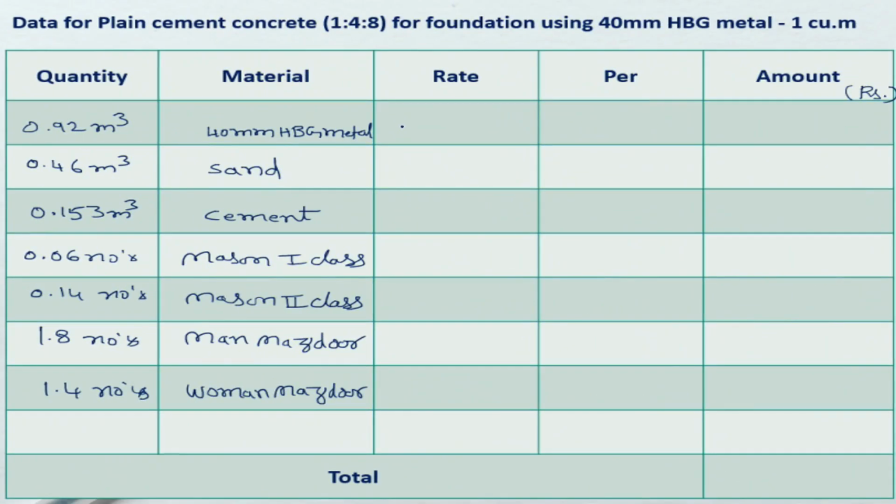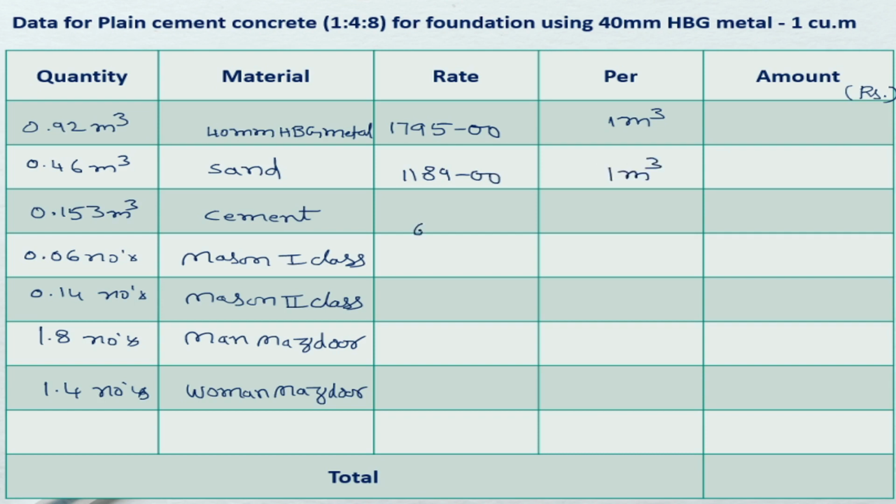After the calculation of all the materials cost at site, the 40 mm HBG metal cost at site is 1,795 rupees per cubic meter, and sand cost at site is 1189 rupees per cubic meter.